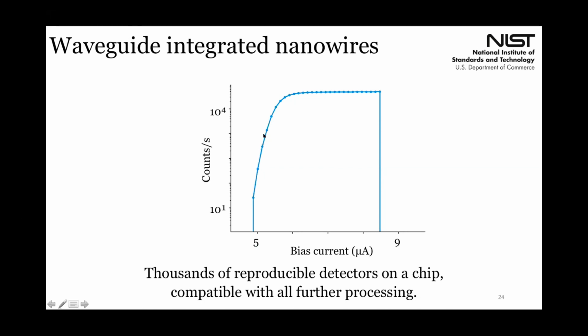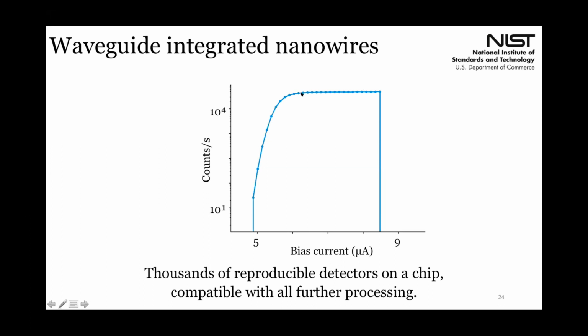This is for a constant light level, so the number of incoming photons isn't changing. And then at a certain point, you're essentially detecting all of the photons, and so the count rate doesn't change anymore with bias current. So you have this plateau where you essentially have unity internal quantum efficiency.